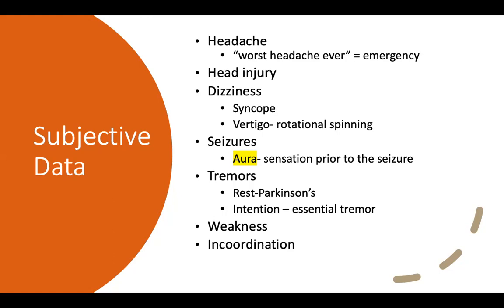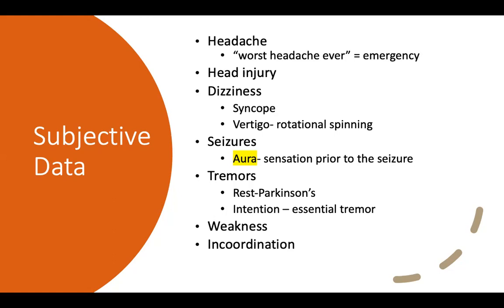The next one is about tremors. A tremor is an involuntary shaking or trembling. You want to ask them if they occur at rest or when somebody's doing something. Tremors that occur at rest are associated with a condition called Parkinson's. Tremors that occur with intention, so like, let's say I'm reaching up to grab a cup, or I'm drinking out of a cup.